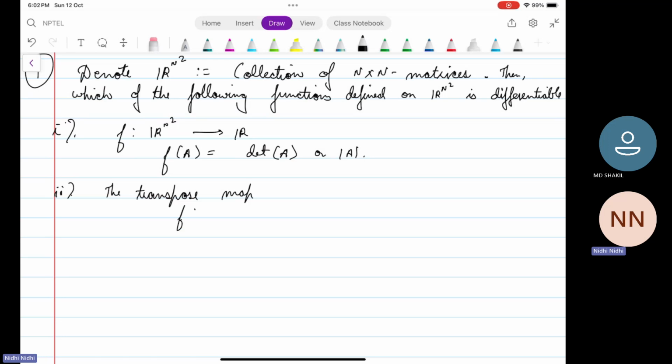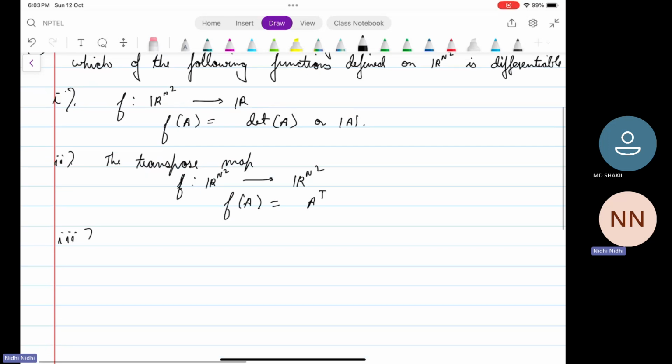That is our function f. So transpose of a matrix is again a matrix. That means we are mapping a matrix to another matrix. Our function is from R^(n²) to R^(n²), f of A is just A transpose.